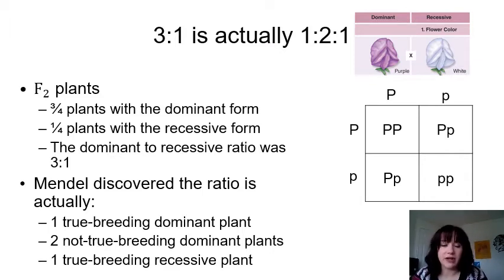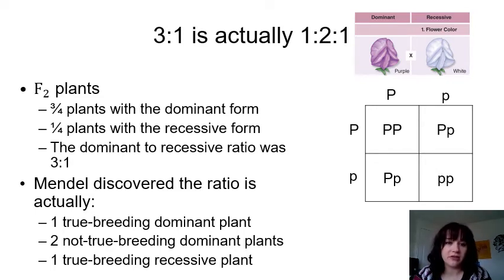Now, when we say 3 to 1, I just want to take a minute. We're talking about the phenotype, the color, right? 3/4 of the offspring are purple, 1/4 is white. But when you're talking about genotype, it's actually 1 to 2 to 1. One of the 4 offspring is homozygous dominant, 2 of them are heterozygous, and 1 of them is homozygous recessive.